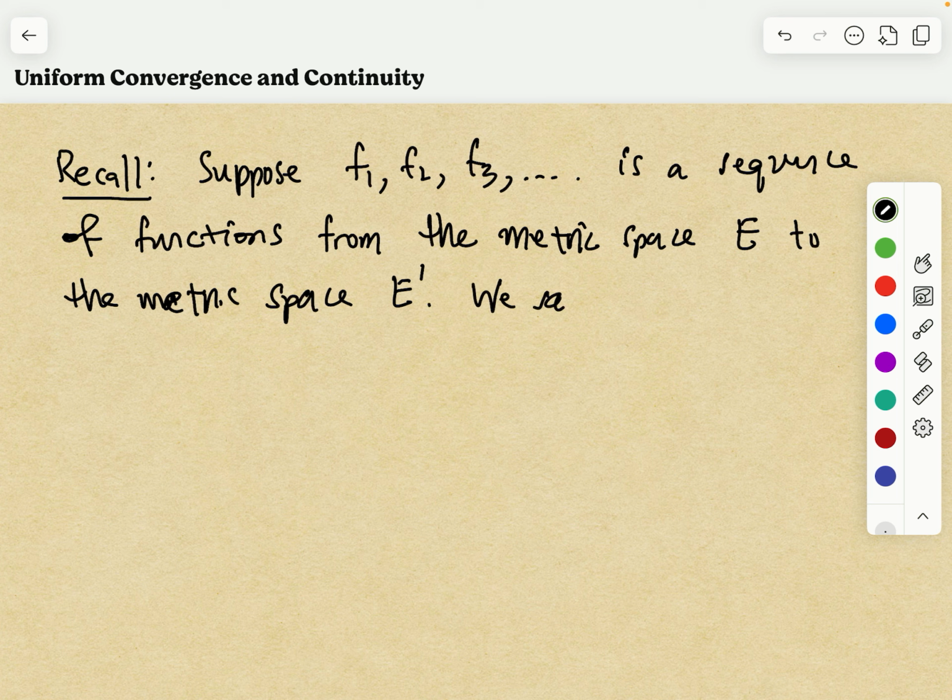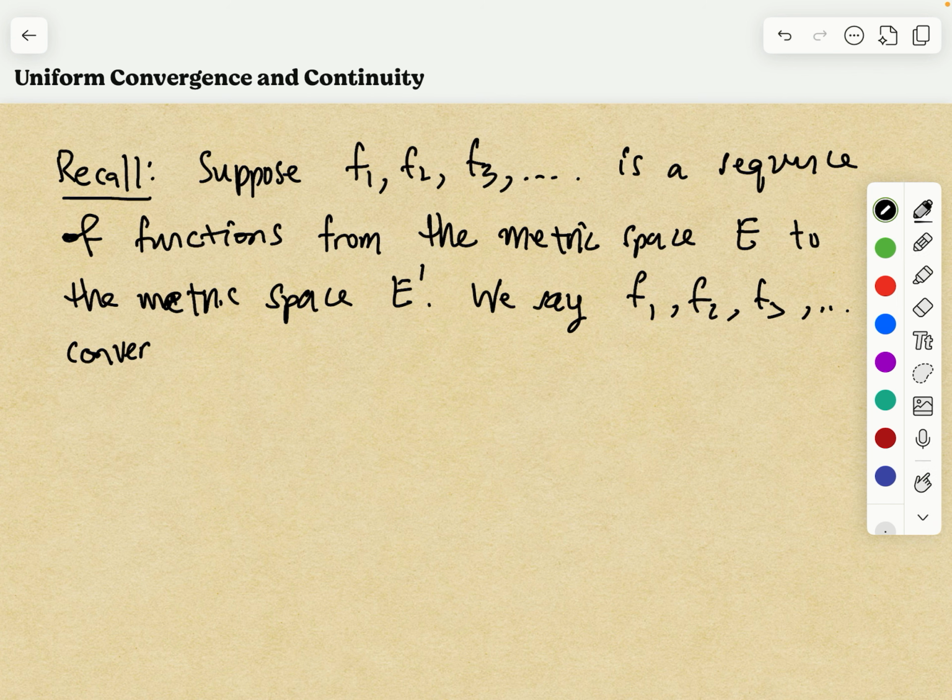Then we say that the sequence converges. Well, first it needs to converge. So suppose that this sequence converges.